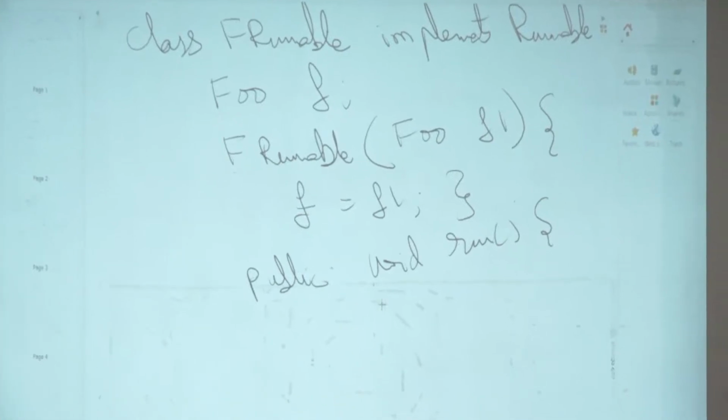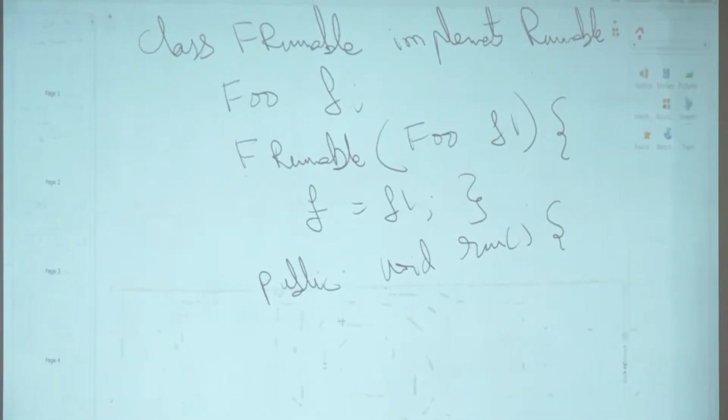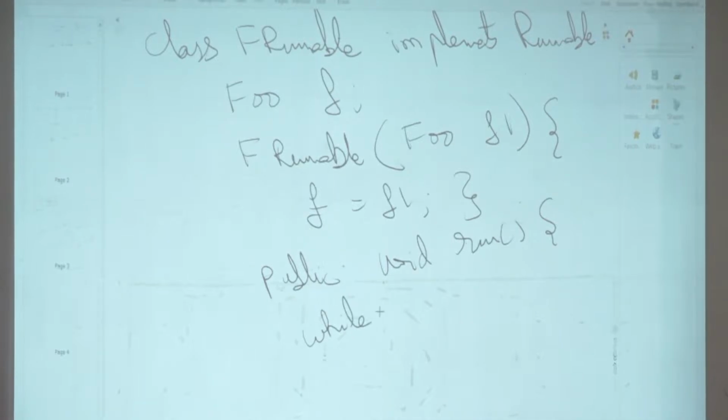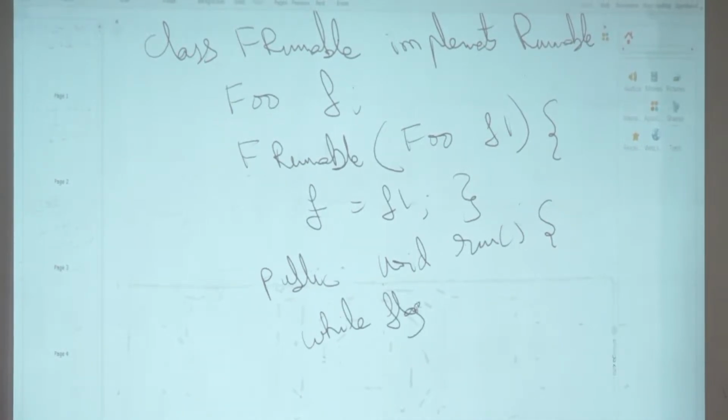So this method should not run until, so while flag not equal to 1. For this first guy, if the flag is not equal to 1, now the flag is where? In F. So I should say while F dot flag not equal to 1, what should I do?